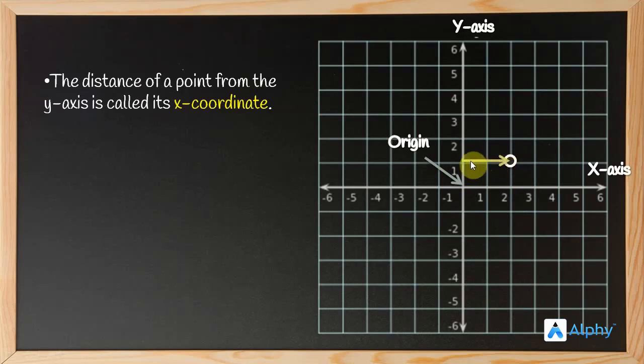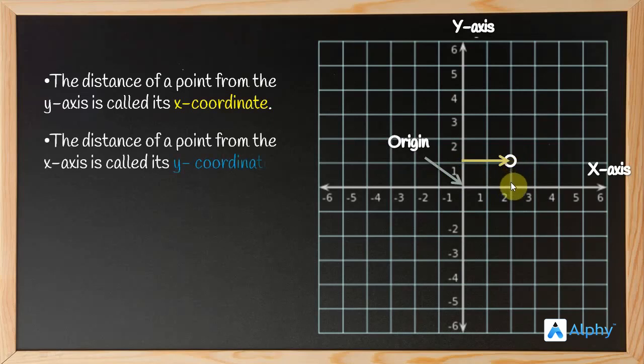So, this is the x-coordinate, that is 2. If you bring this arrow down, you get it to be equal to 2. The distance of a point from the x-axis is called its y-coordinate. So this arrow is basically the y-coordinate.